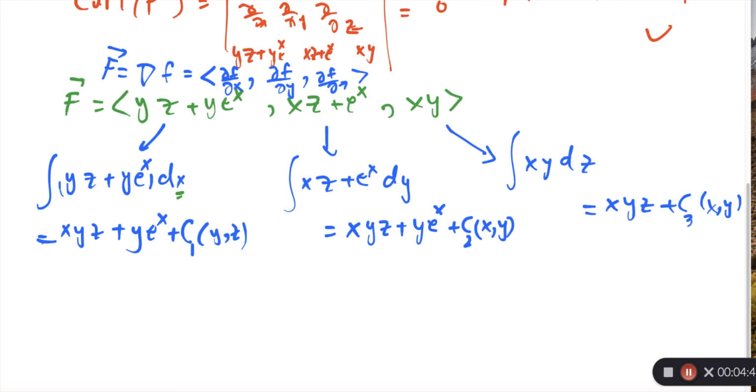Now what you do is you look at the terms that are in common. Here's in common, here's in common, here's in common. So I'm putting xyz. I'm starting to write out the potential function. And so the first thing I do is xyz.